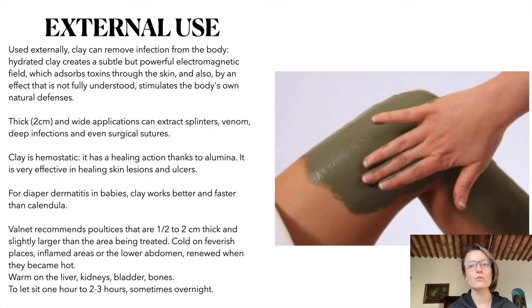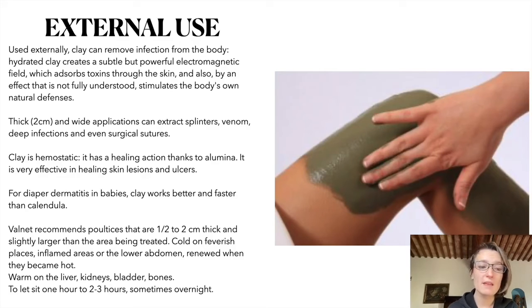And also you can apply cold clay or room temperature clay, or warm clay poultices. So it depends where you want to apply the clay. You need to put cold or room temperature clay poultices on feverish areas where it's warm, on inflamed areas, or on the lower abdomen.